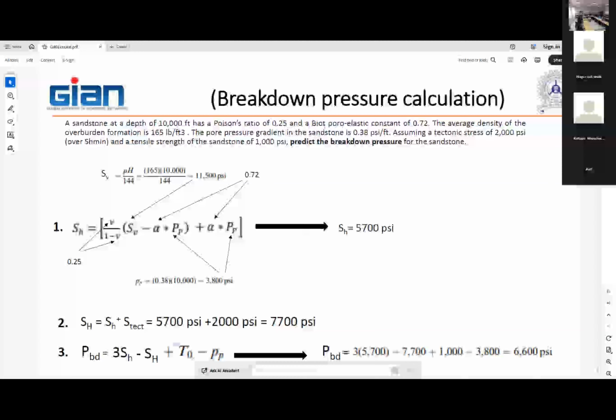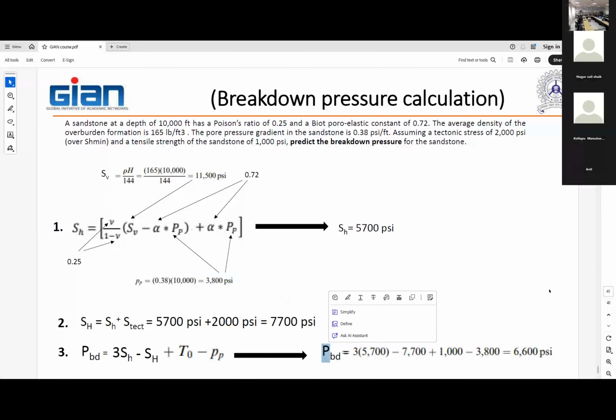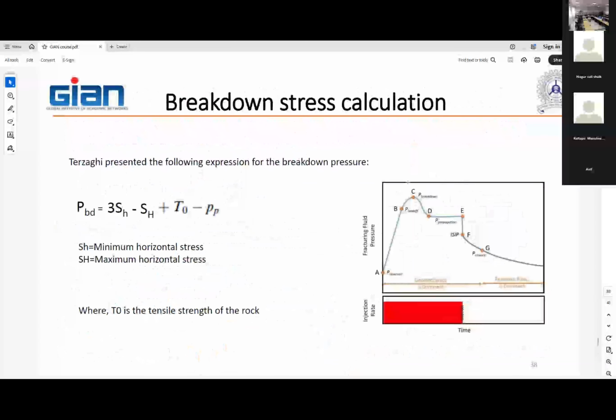Okay, so T0 is the tensile strength of the rock, and the tensile strength of the sandstone is given as 1,000 psi. Okay, so you put 1,000 minus the pore pressure, 3,800, which is coming from there. So finally you calculate that the P breakdown is 6,600 psi. Okay, so that point that you see here is 6,600 psi.